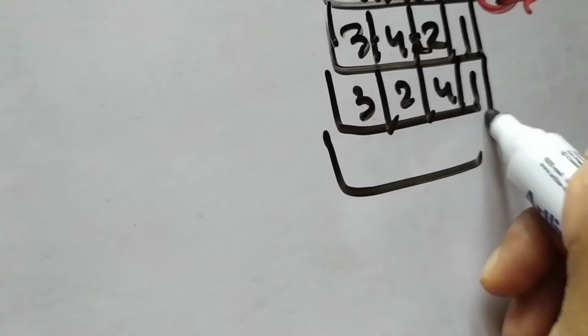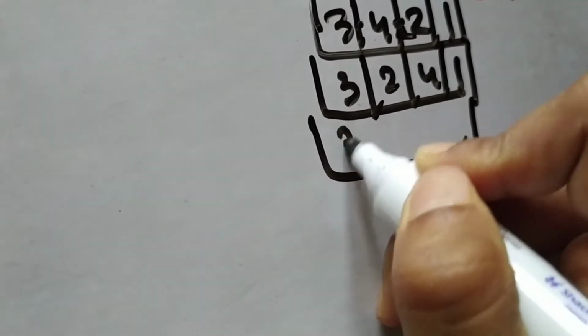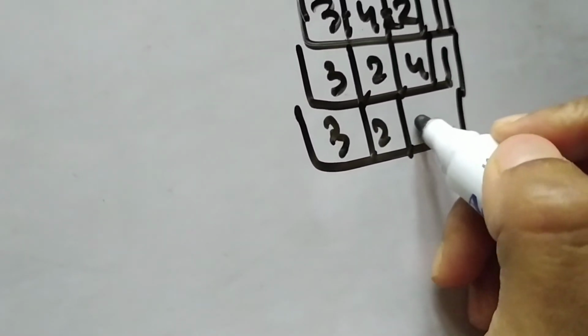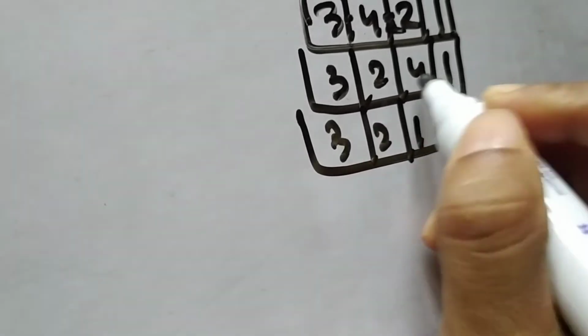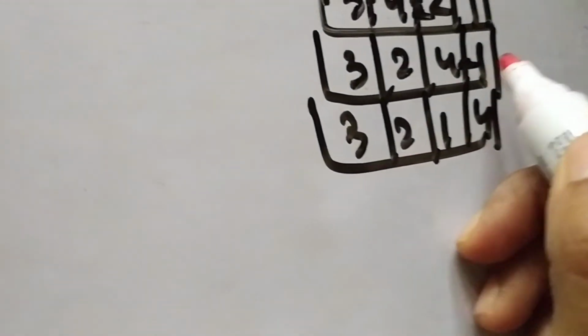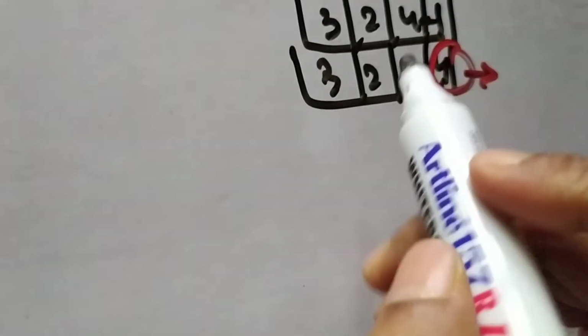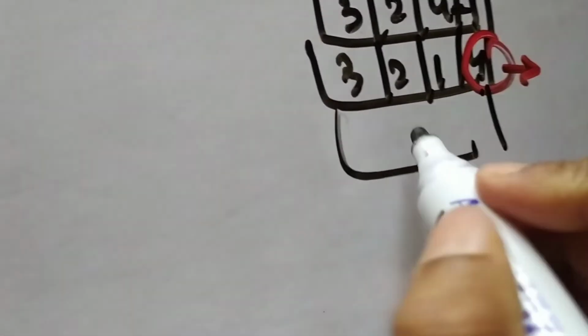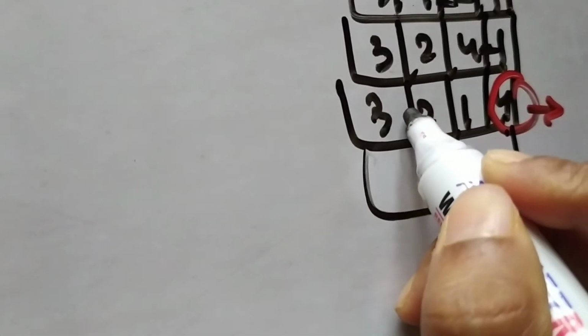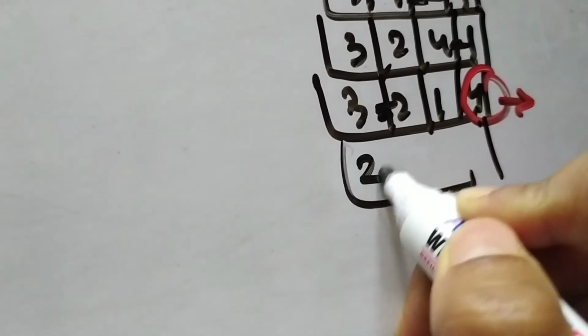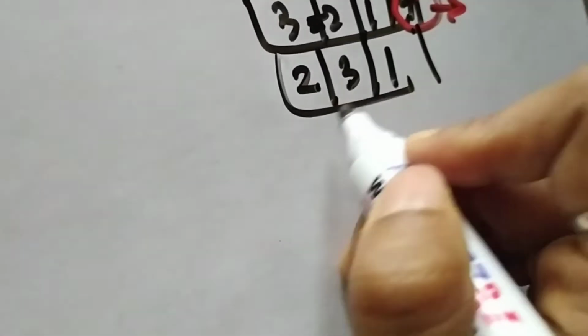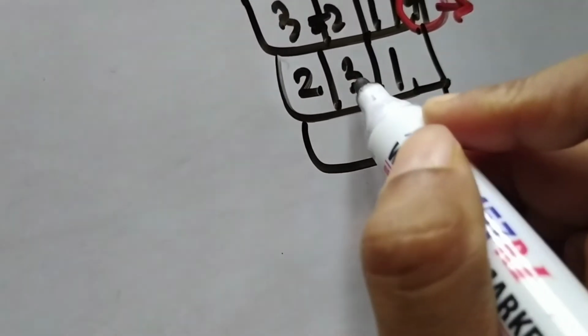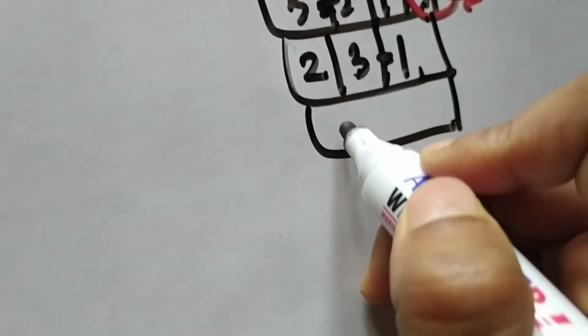Now 4 and 1 are compared and the values are exchanged, and 4 is given the final position and is fixed. Now 3 and 2 are compared and exchanged, and 3 and 1 are compared and exchanged.